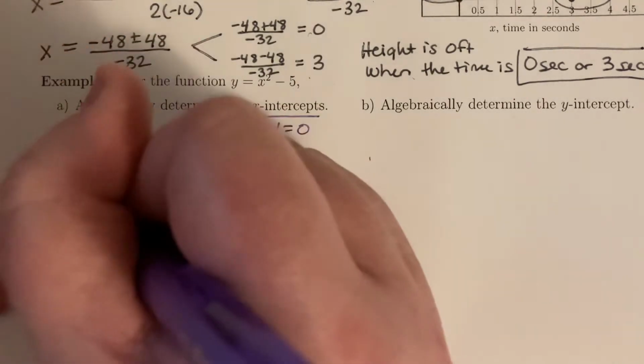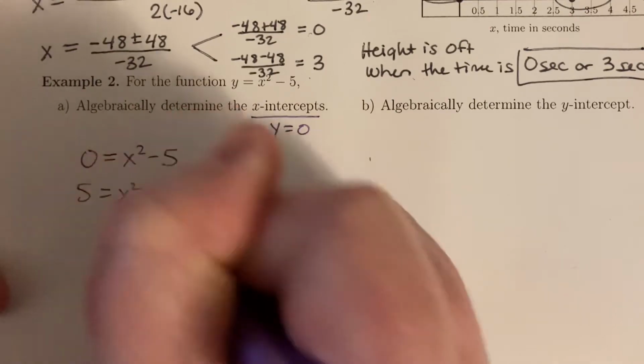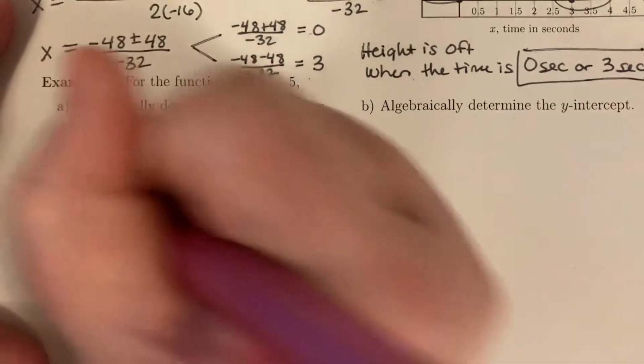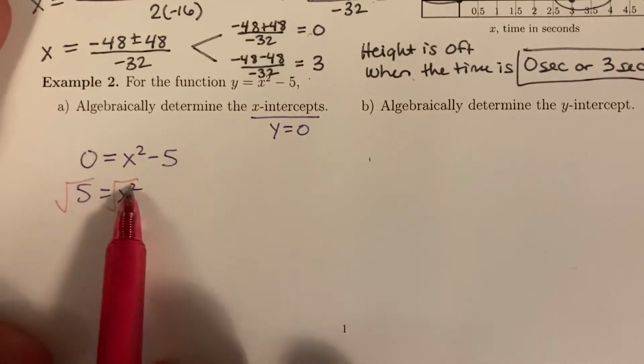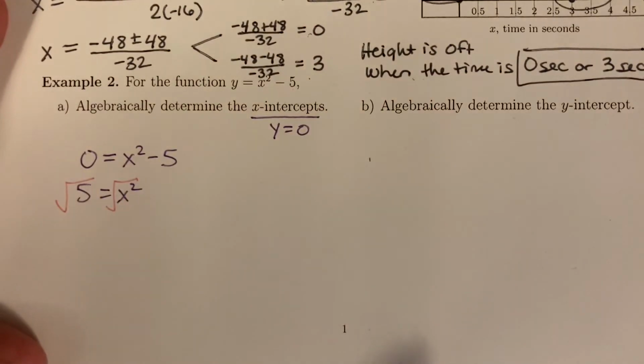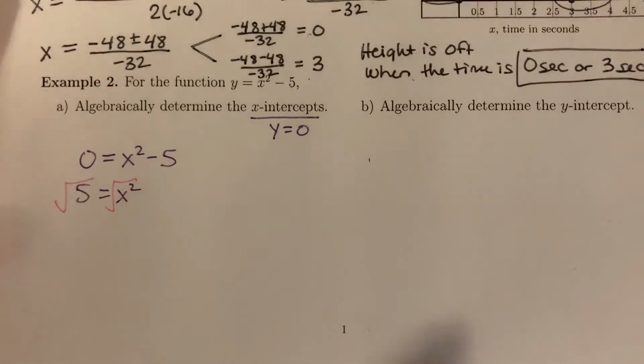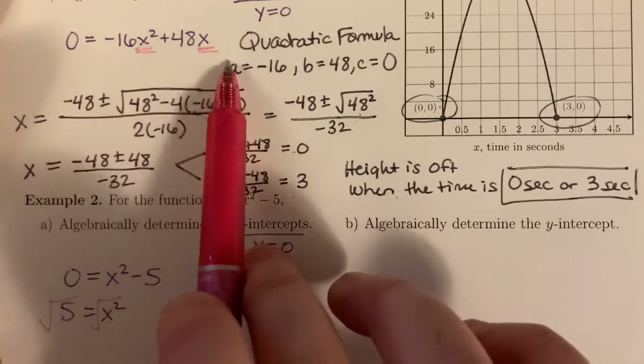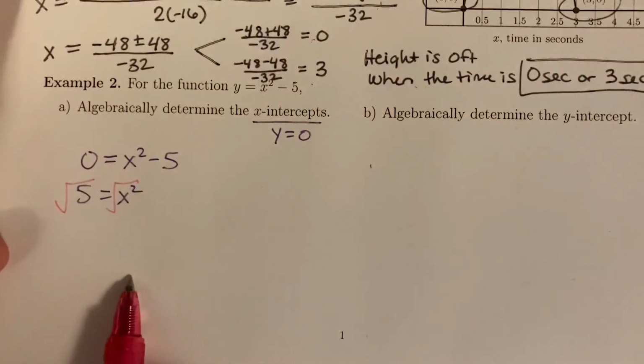Why not just add 5 to both sides and then square root both sides? Right? If we don't have an x in the middle, we can just use the square root property. And we should always be on the lookout for that because it's always easier than this mess, right? This we just had to do because we had both. Now we don't need to.